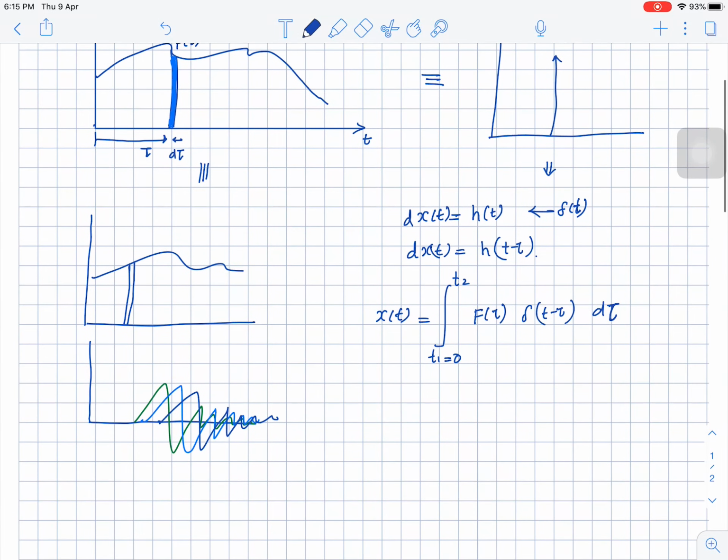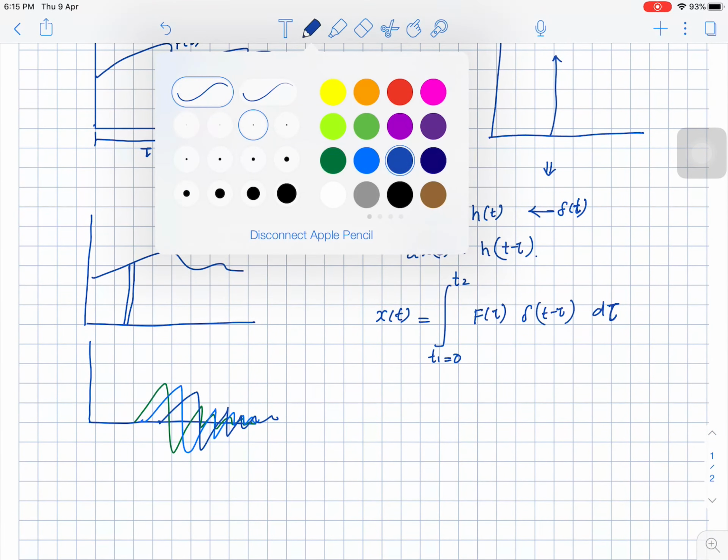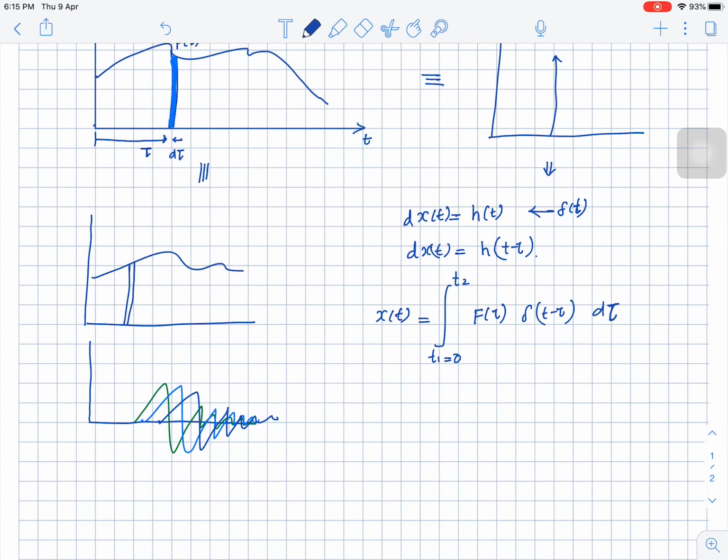Then if we combine the response of f of tau d tau delta of t minus tau for all tau, whatever the number of tau we split, this will be the response of the arbitrary function.